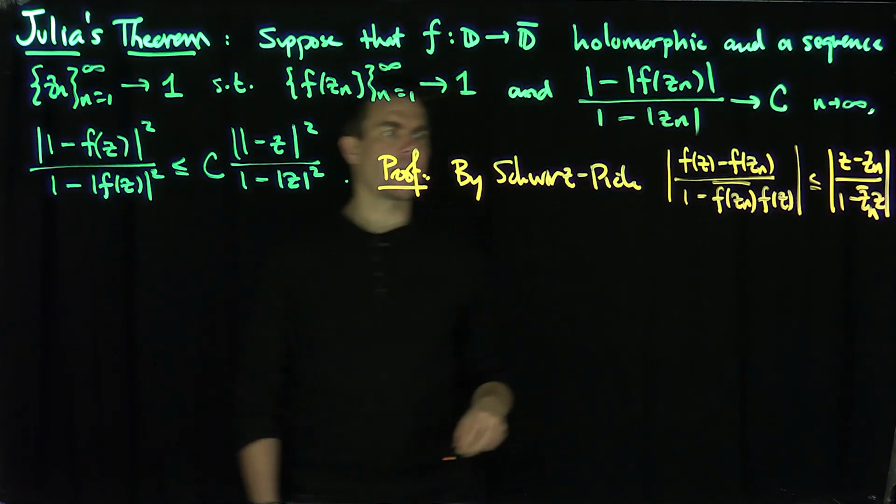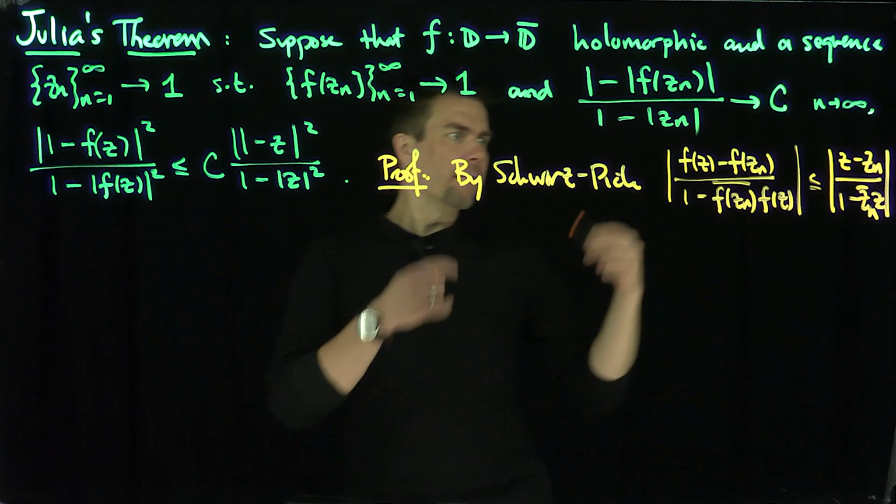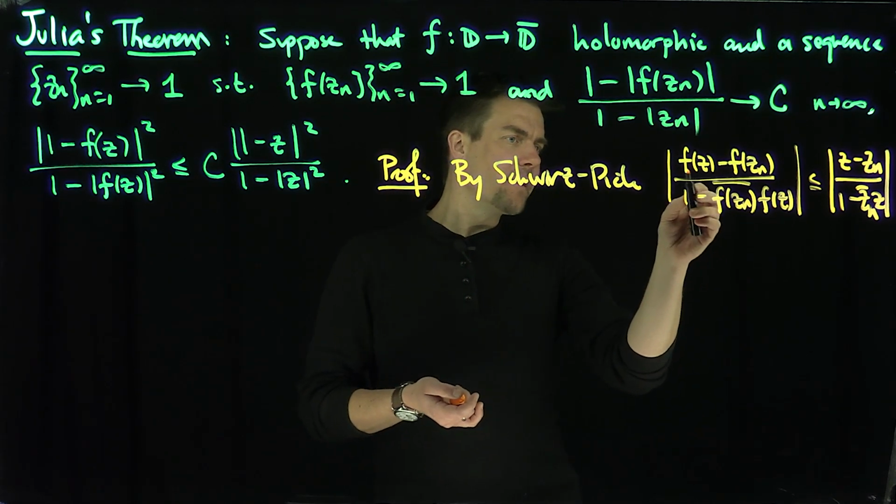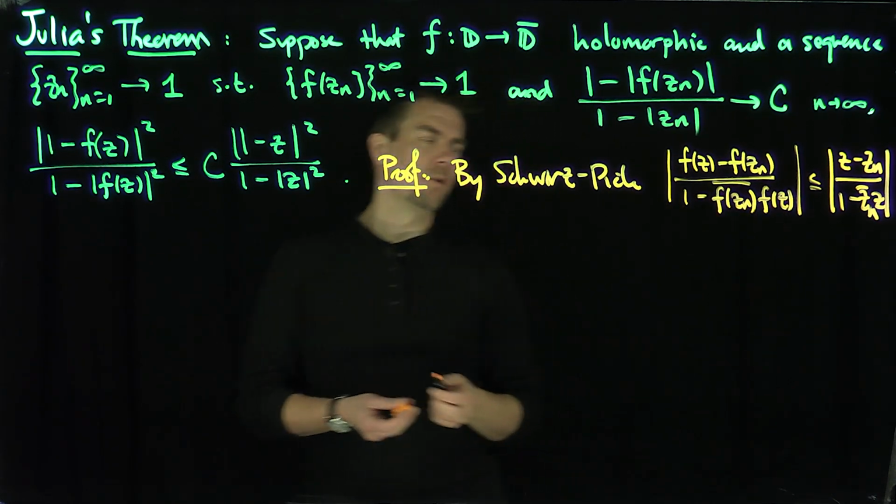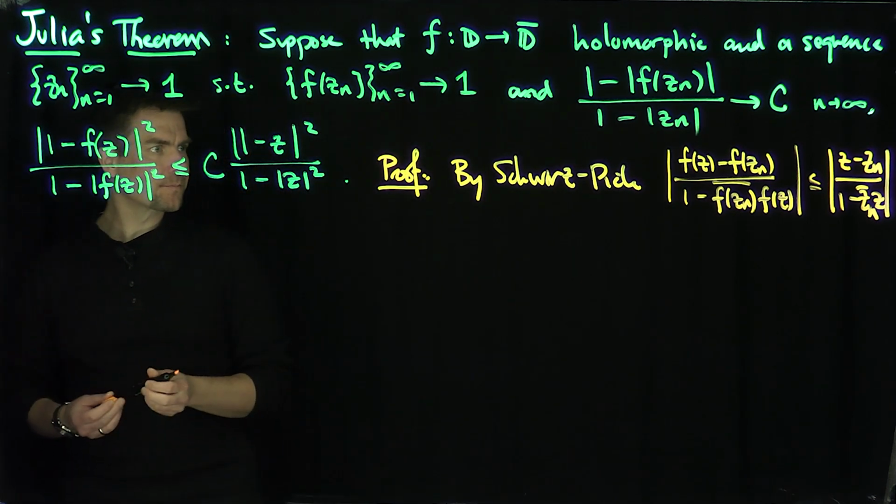That's Schwarz-Pick. The zn are fixed points in the disk, and for any z, I have this inequality over here. Beautiful, that's what Schwarz-Pick tells us.